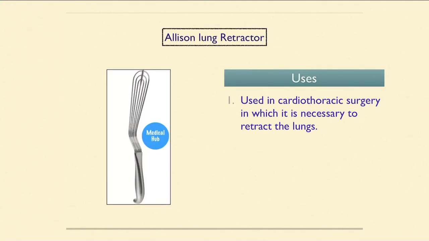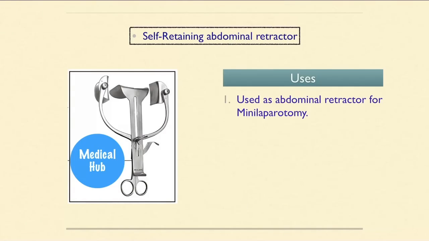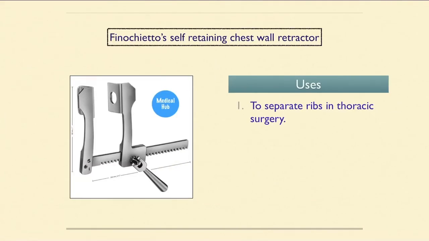Next is Allison lung retractor. It is used in cardiothoracic surgery in which it is necessary to retract the lungs. Self-retaining abdominal retractor is used as an abdominal retractor for mini laparotomy. Next is Finochietto's self-retaining chest wall retractor.